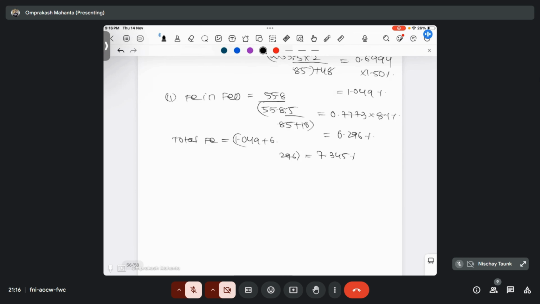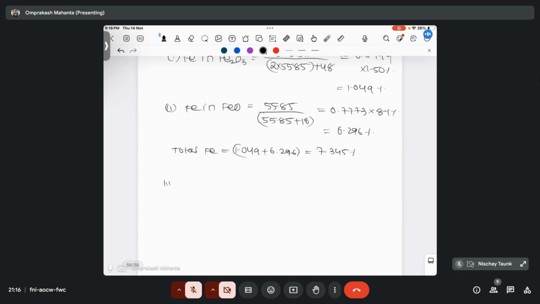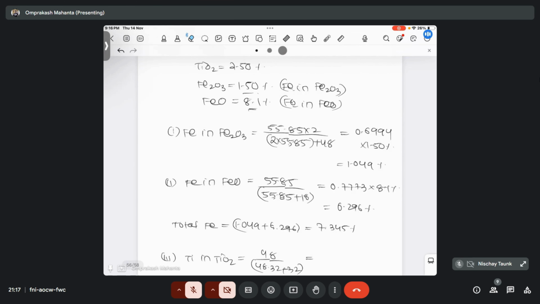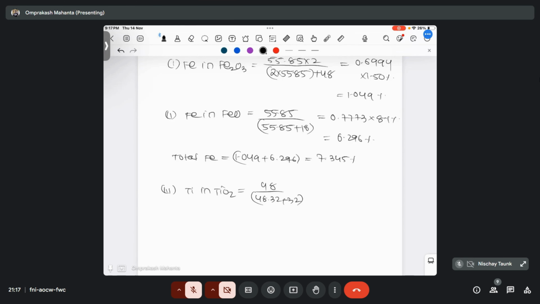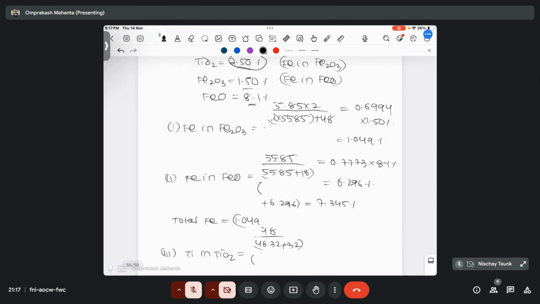Similarly, for Ti in TiO2, it would be 48 by 48 plus O2, meaning 32, into 2.50. I am directly multiplying; it is given 2.50, right?